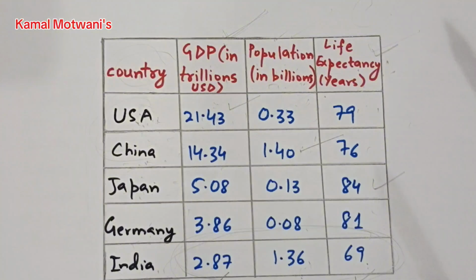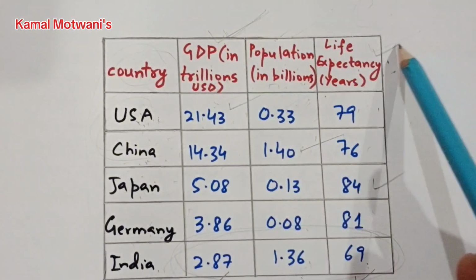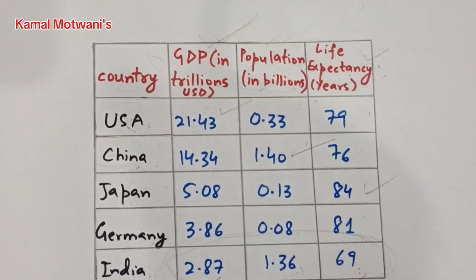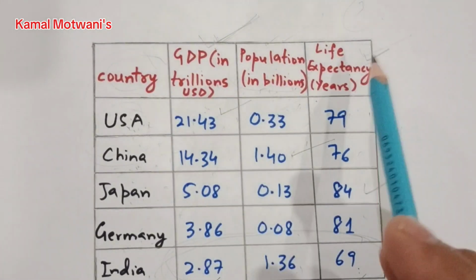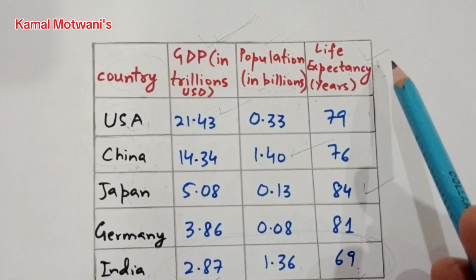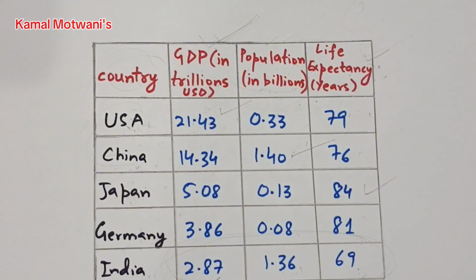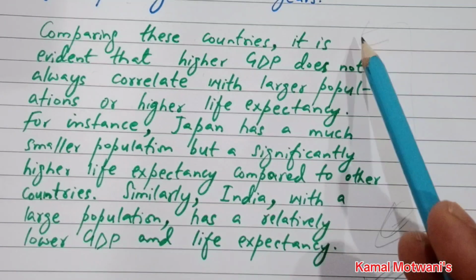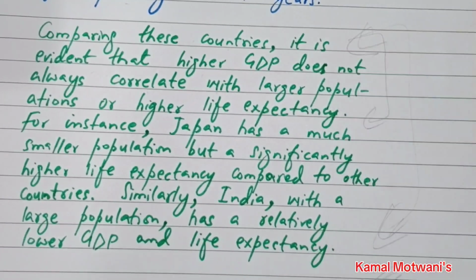It is not necessary that if GDP is low, then the other two factors are also low. It means the variation of these elements is not directly proportional. So that's what I have written in this paragraph, and I have also explained examples in order to prove the statement that I have written from this table.